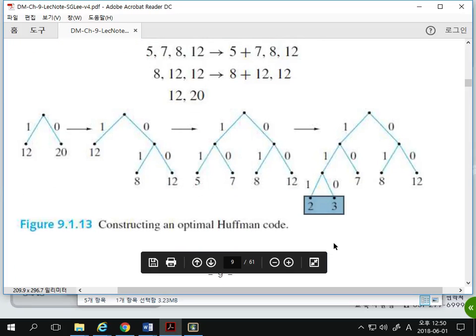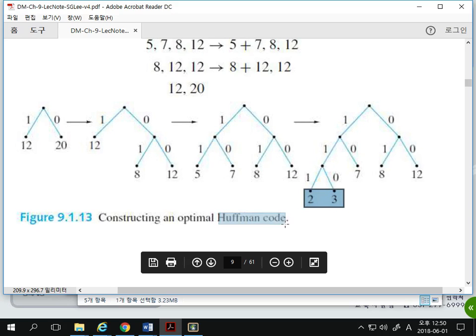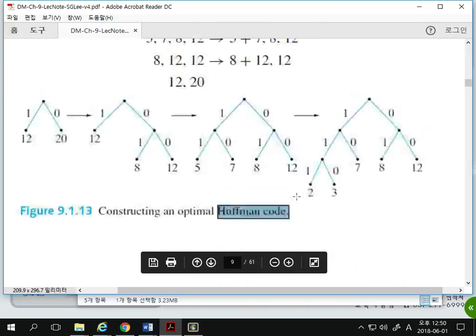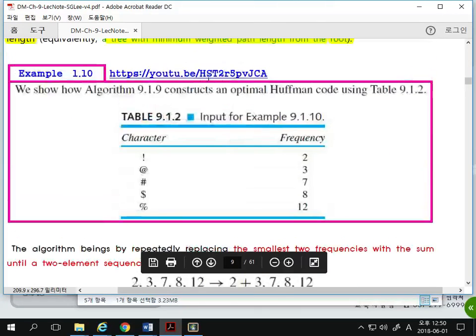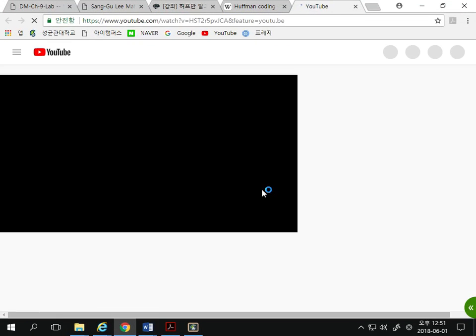This figure shows how the Huffman code algorithm works. Okay, here is the explanation on Huffman's code.